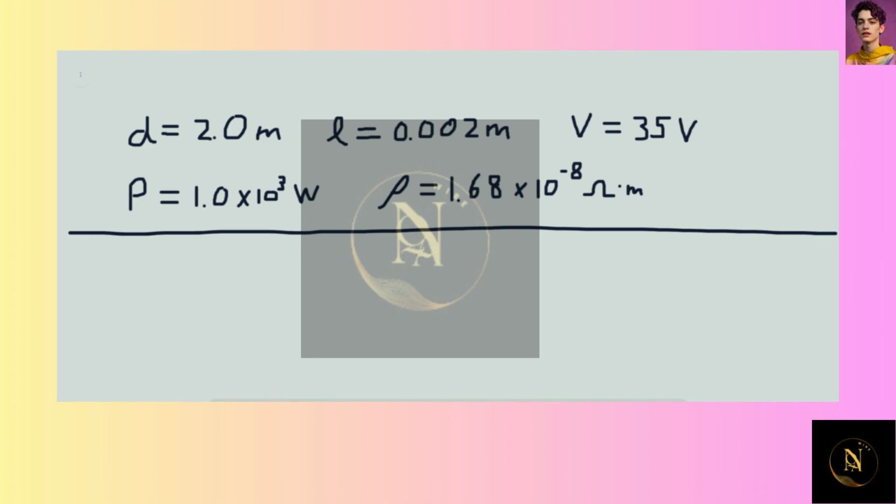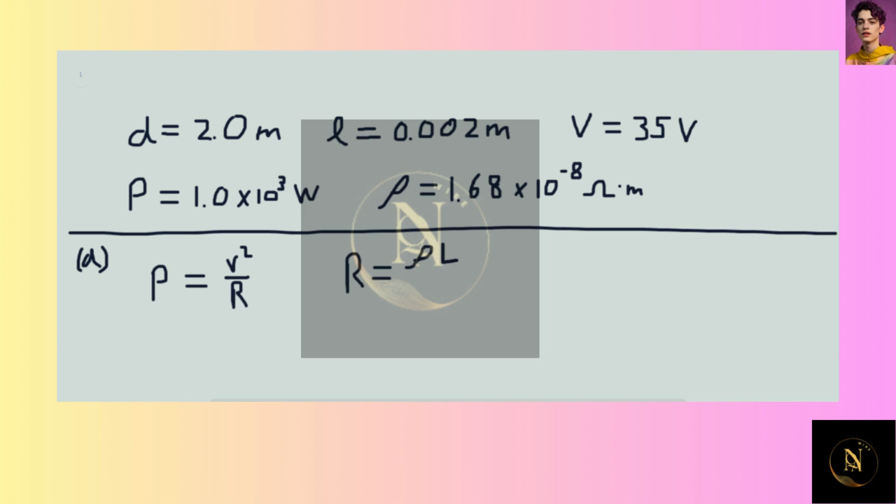For part A, we're asked how many turns are needed to run the power supply at maximum power. Well, the first thing to consider is the equation for power. Power here is equal to the voltage squared, V squared, divided by the resistance, R, where R is equal to the resistivity, rho, times the total length, not just the length l, which was the length of the square copper wire.